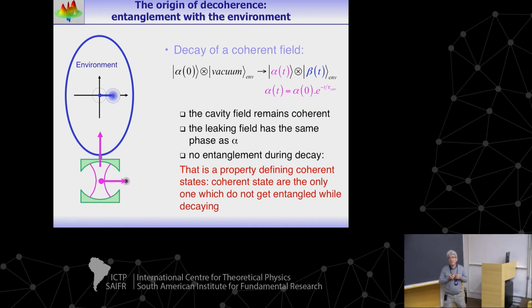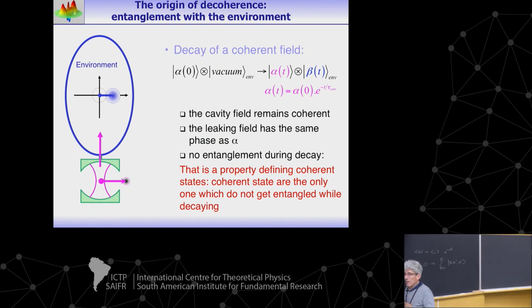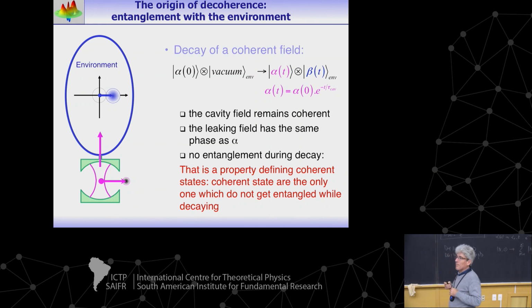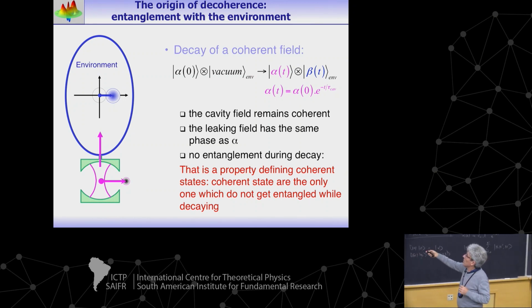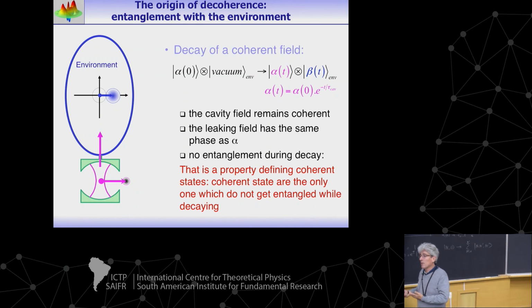Yes? I didn't understand well what would be the environment, because the system is the atom and the cavity. So the system is the atom. The meter is one mode of the cavity containing the coherent field, and the environment is the outside world, which is coupled to the field mode. And this residual coupling physically corresponds to loss of energy in the cavity.